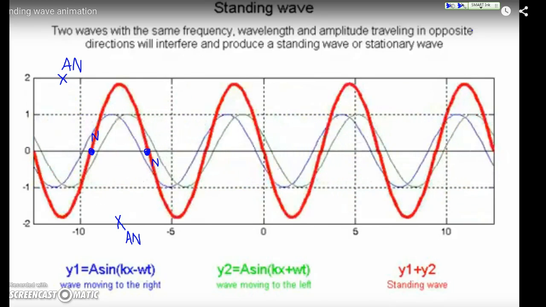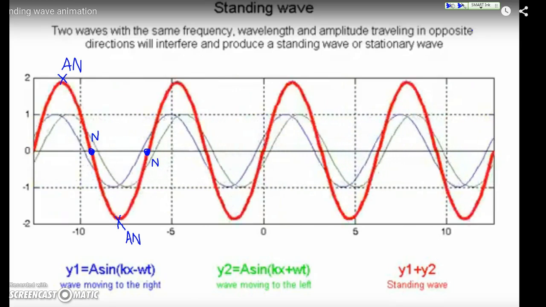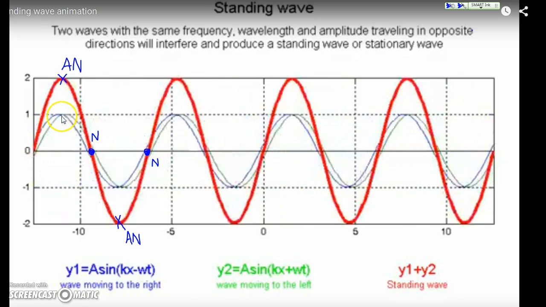Okay, where do the waves overlap? Let's wait. When do we see two crests perfectly overlapping? Right there. See how right here we have two crests perfectly overlapping, which means the tippy top of one overlaps with the tippy top of the other. And yes, that tippy top overlap occurs at the antinode. And this tippy top overlap, or well, bottom, what's the equivalent?